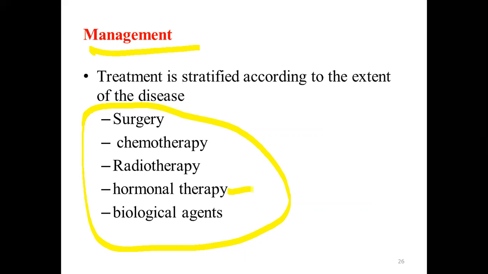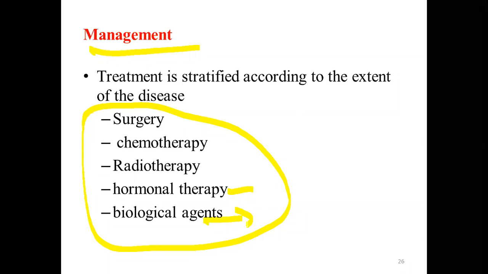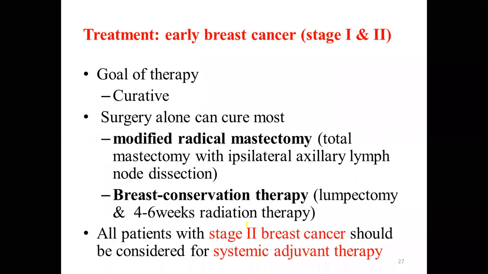Without assessing the hormone status of the patient, you are not supposed to consider hormonal therapies. The biological agent is normally trastuzumab, which I mentioned in the introductory session. This is the most commonly approved drug in HER2 positive breast cancer.